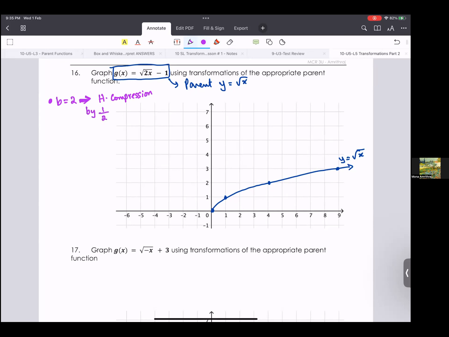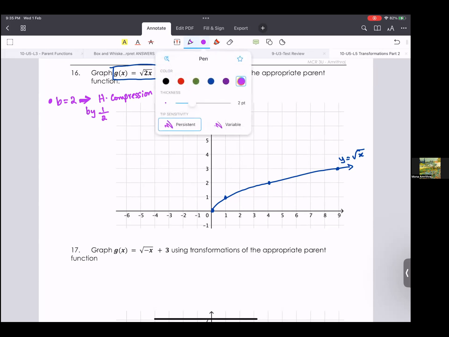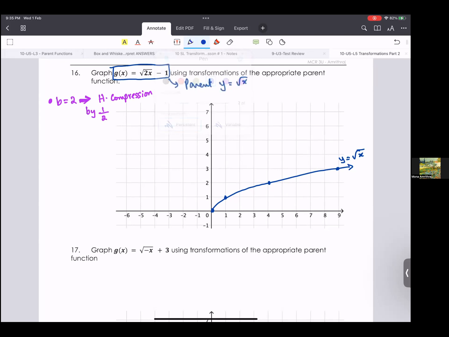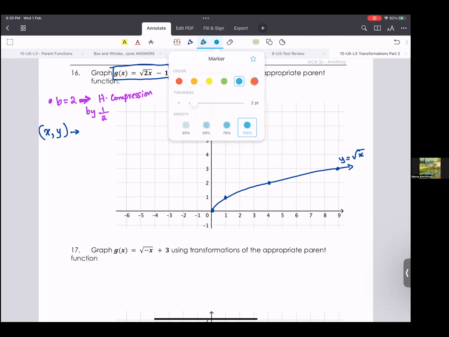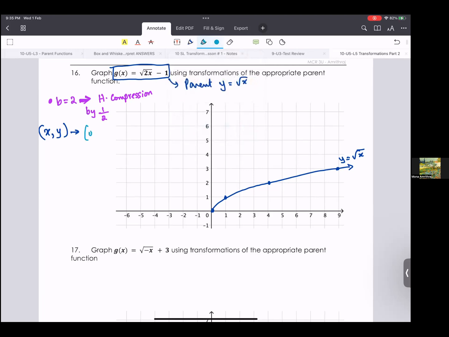So all the x, y values from the parent function end up becoming 0.5x, y. That's one of the transformations.